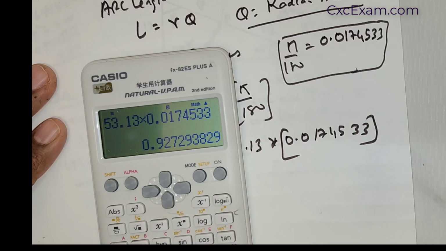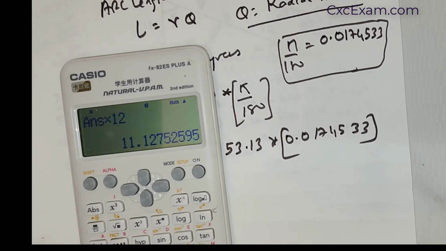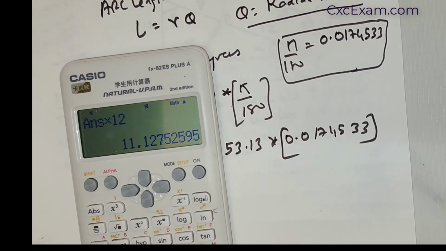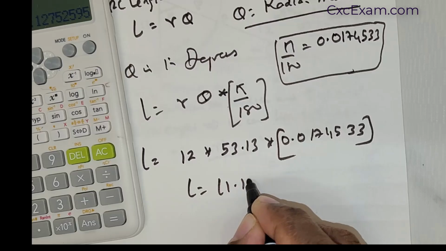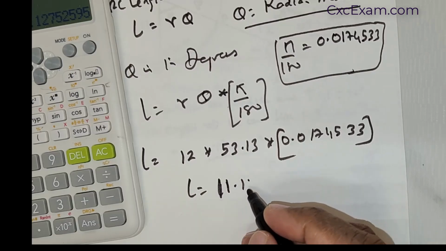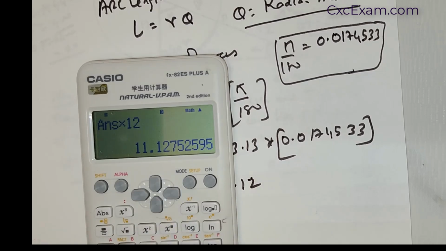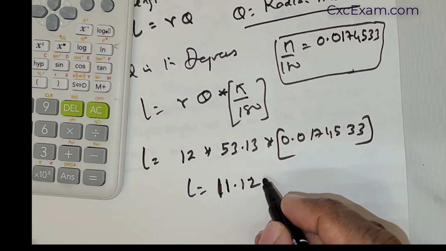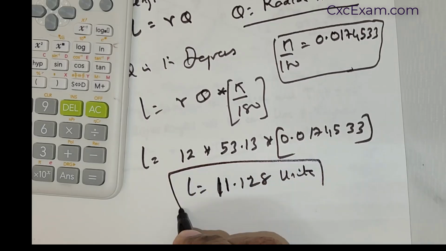To that you multiply 12. What do you get? You get a value of 11.128 units. I'm taking it to 3 decimal places. So L is equal to 11.128 units. So this is the arc length.